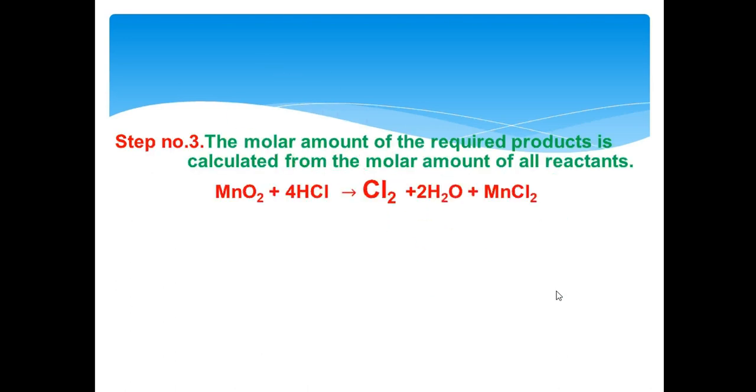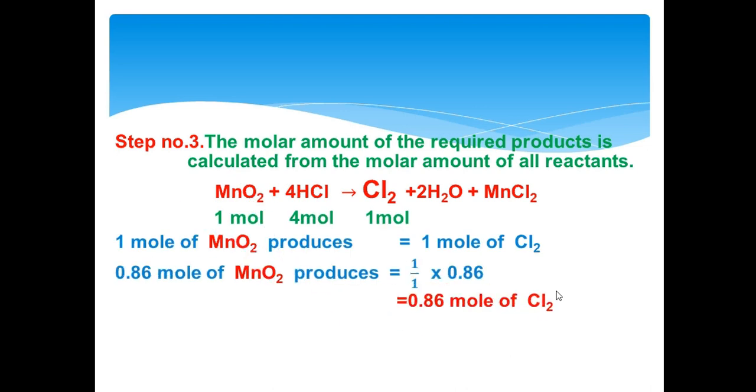Now we are applying the third step. It is clear from the equation that 1 mole of manganese dioxide produces 1 mole of chlorine, while 0.86 mole of manganese dioxide will produce 0.86 mole of chlorine.